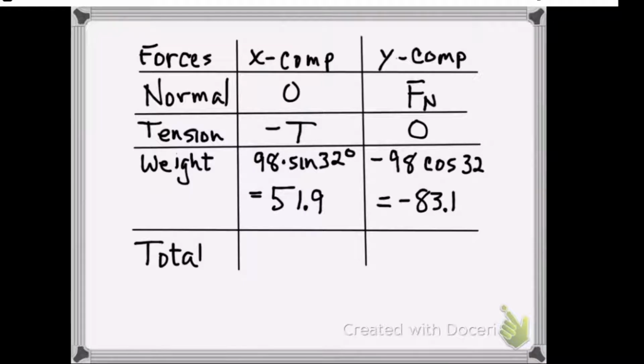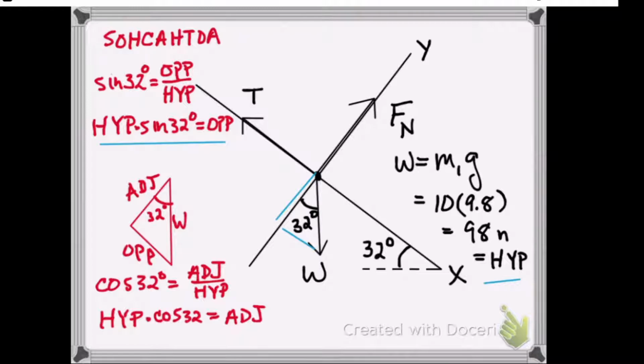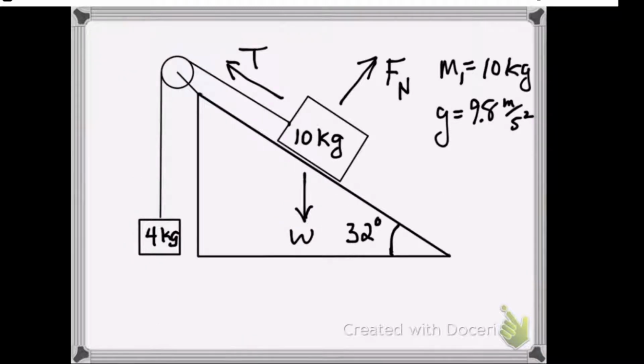Now, here's the thing. If this block is going to move, it's going to move down the incline. It's going to move in that direction. And what's going to cause it to move is the force that's pulling in that direction. So a force is pulling it down in that direction, and that force is going to be a combination of the weight force that's pulling in that direction minus the tension force pulling in that direction.